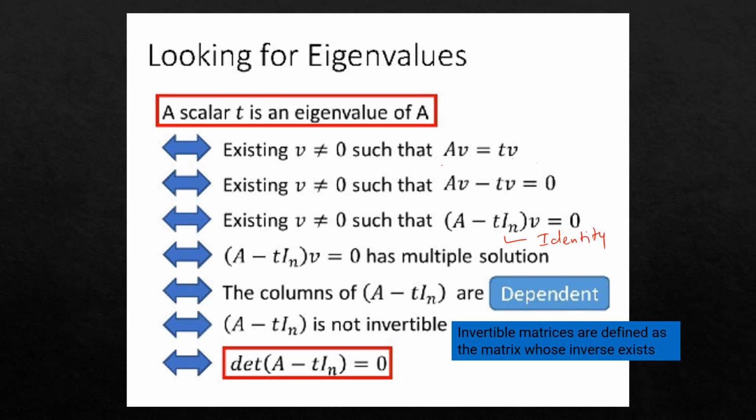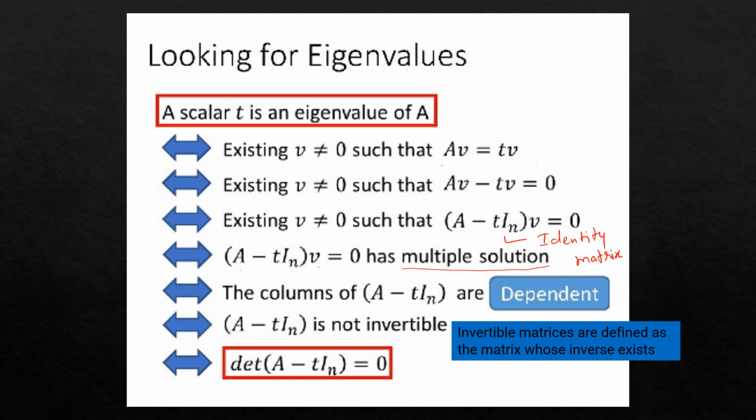If I say (A minus lambda I_n) times V is equal to 0, this has multiple solutions, that is multiple values of eigenvalue.